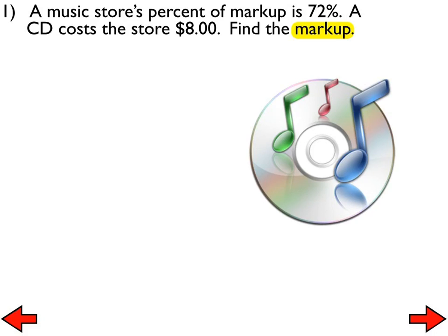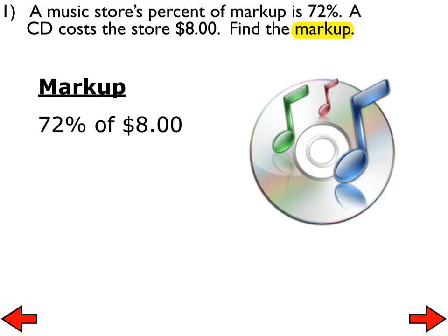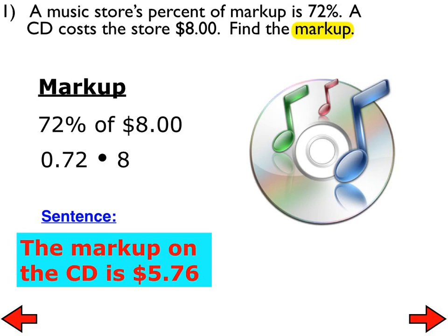A music store's percent of markup is 72%. A CD costs the store $8. Find the markup. Go ahead and figure that out, please. So in number 1, we're only finding the markup. The fastest way is by finding 72% of $8. And that would be 0.72 times 8. So the amount of markup is $5.76.